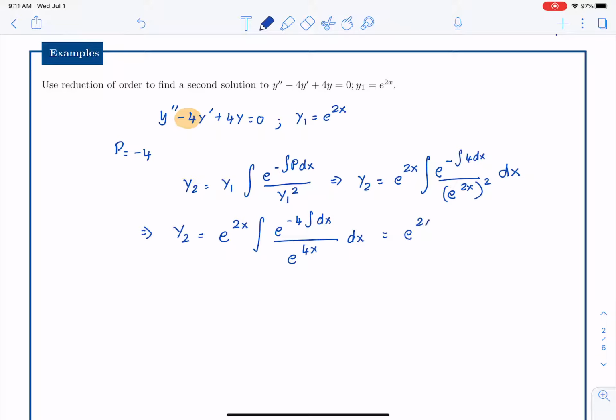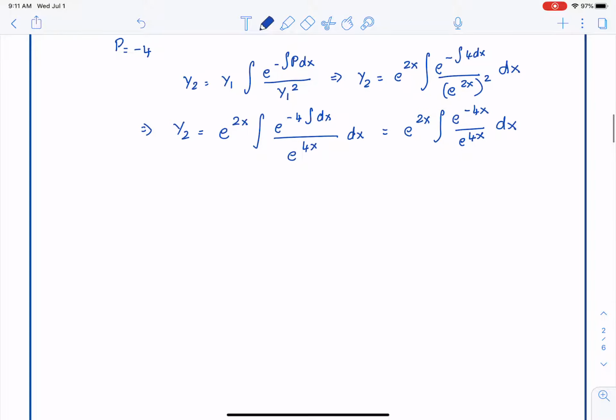So the numerator is e raised to negative 4x divided by e raised to positive 4x multiplied by dx. So that would equal e raised to x integral e raised to negative 8x dx. The integral of e raised to negative 8x is e raised to negative 8x divided by negative 8. Using properties of exponents, we'd have e raised to negative 6x divided by negative 8. And that would be the second solution.